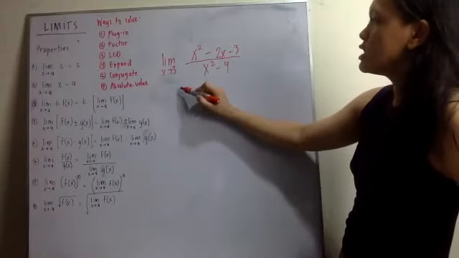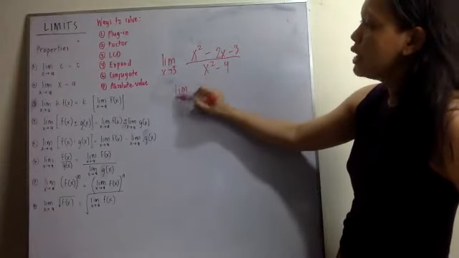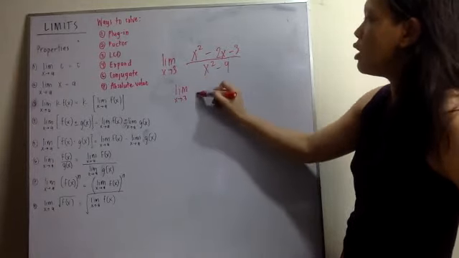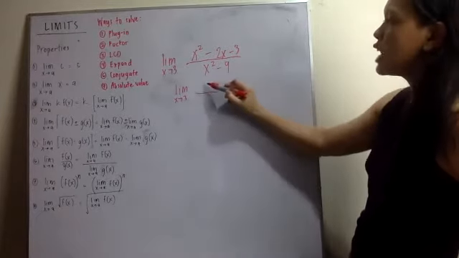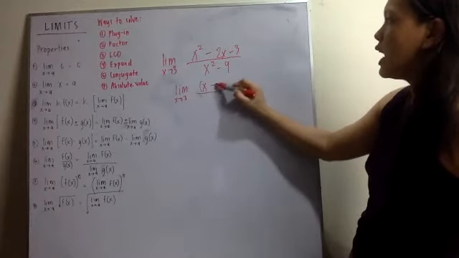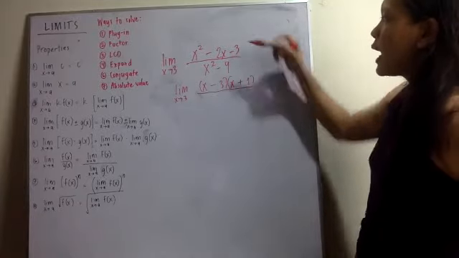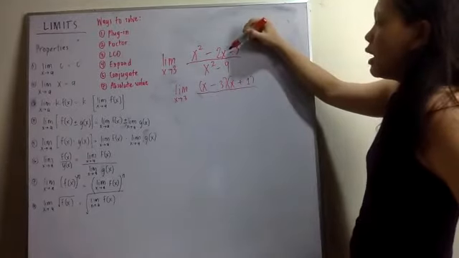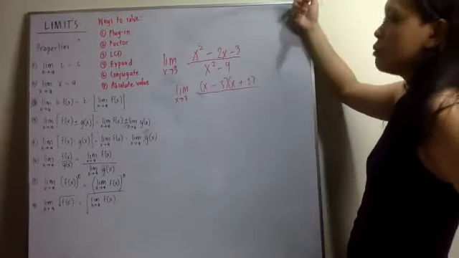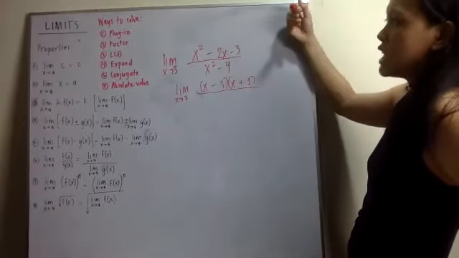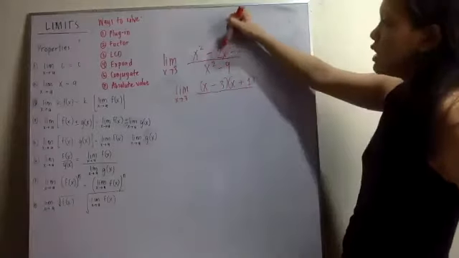Okay? So this is equal to the limit as x approaches 3 of, let's factor this, I gave it earlier, x minus 3, x plus 1. When it's negative, you subtract the factors. When it's positive, you add the factors to get this one.